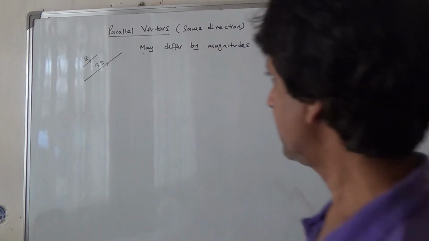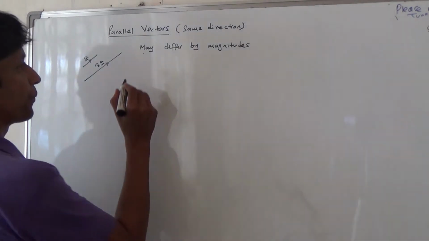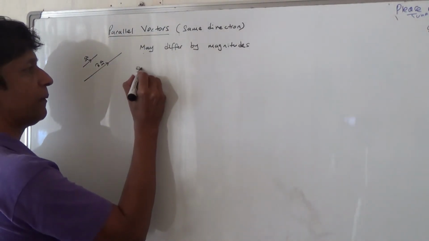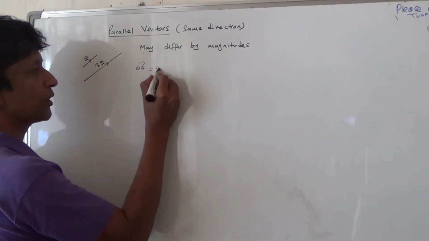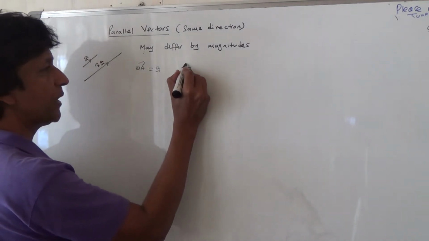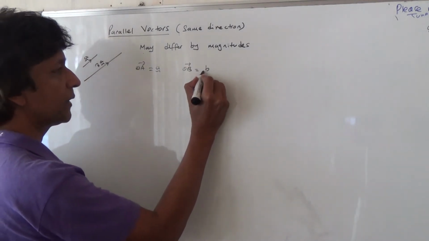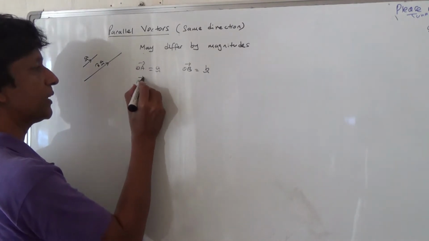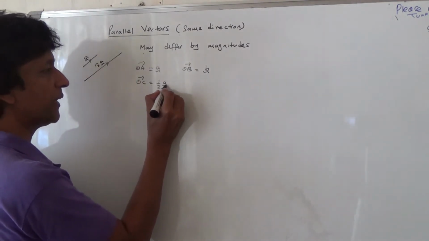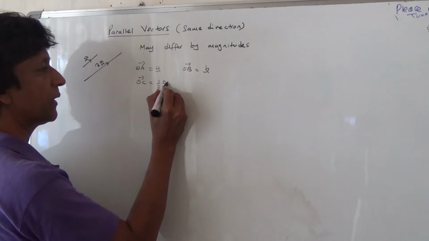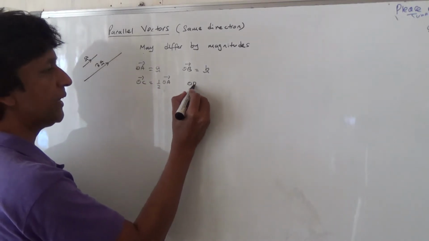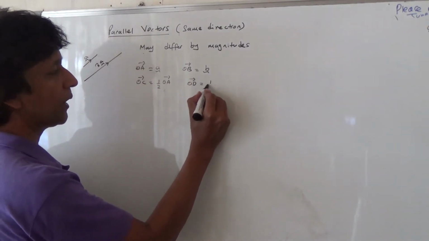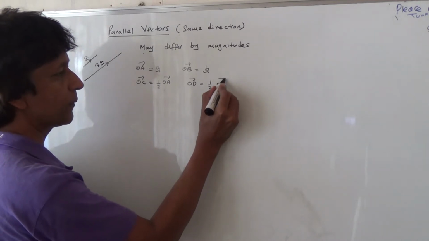Let's say, for example, I give you the vector OA, and suppose vector OA is equal to A, vector OB is equal to vector B, and let's say vector OC is equal to half vector OA, and then OD is equal to half vector OB.